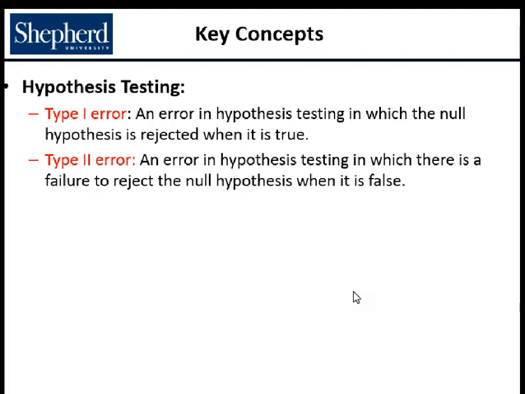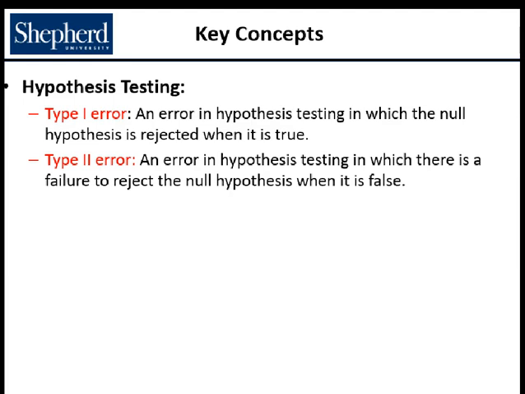Applications of hypothesis testing that only control the type 1 error are called significance tests. The rule of thumb is that with a type 1 error, you should not reject the null, but you do reject the null. So that's an error in that case.